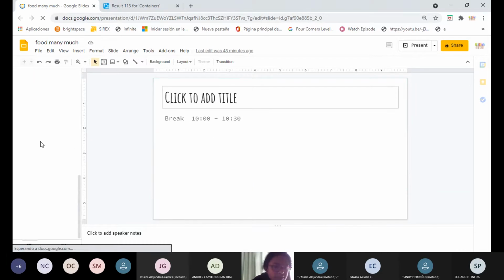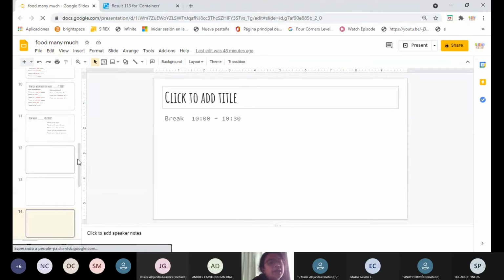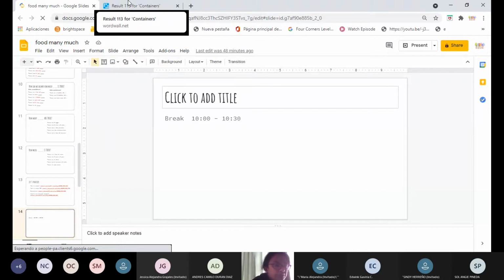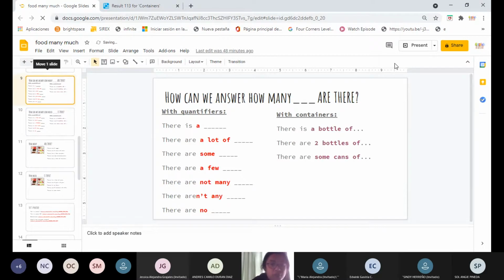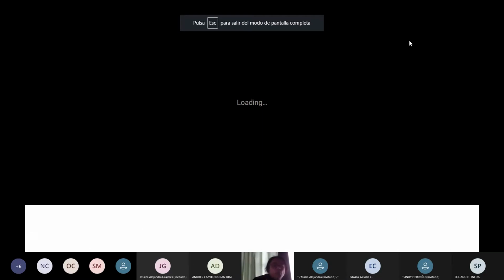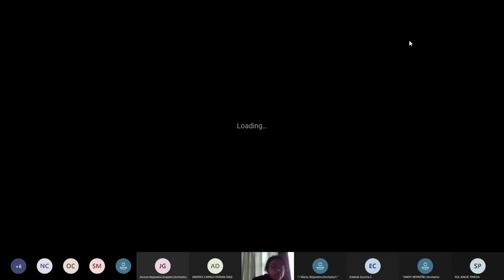So in this activity, guys, we were practicing with how many and how much, right? Dijimos que podemos contestarlos de una forma muy general, como hay harto, hay poquito, hay algo de, o podemos contestarlo con los containers, right? For example, guys, if we practice here, we're going to practice first with the how many and how much, right? So remember, if we use the question how many, we can answer with general or specific answers, all right?